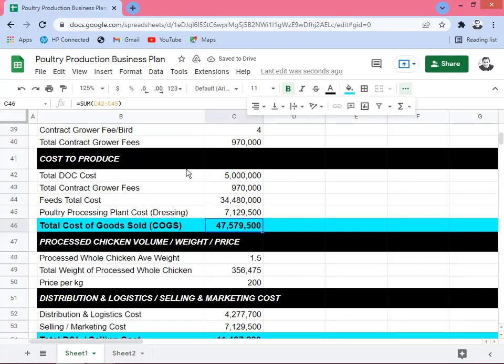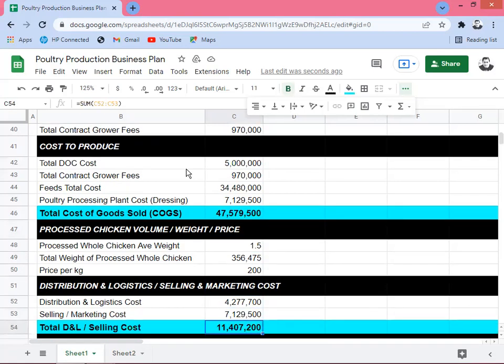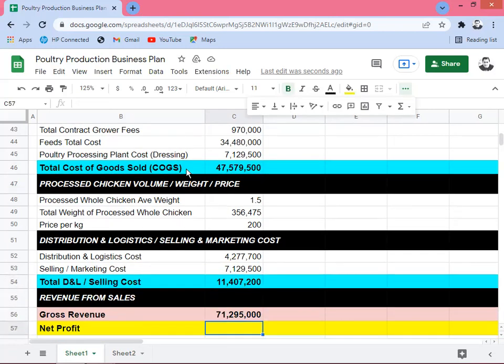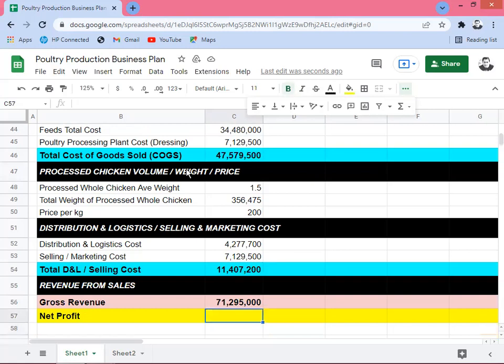Our COGS, cost of goods sold, is 47,579,500 plus the D&L and selling cost of 11 million. Okay, so we're going to deduct that from the gross revenue. Gross revenue minus COGS and minus selling cost.